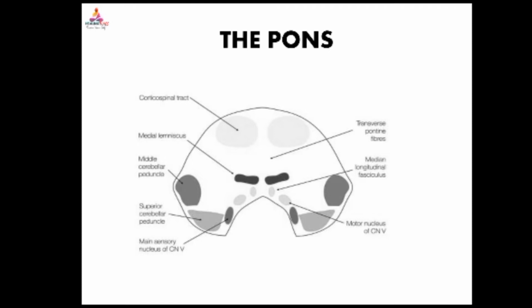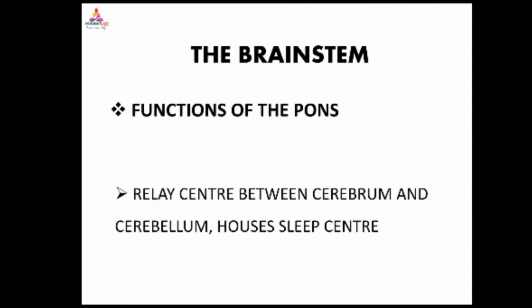The dorsal portion, or tegmentum, of the pons contains important pontine sleep and respiratory centers. The pontine respiratory center functions with the respiratory center in the medulla to help control respiratory movements. Functions of the pons: relay center between cerebrum and cerebellum, and houses sleep center.